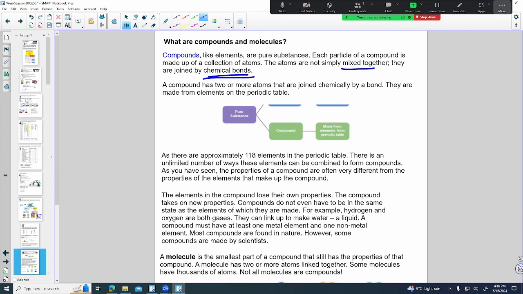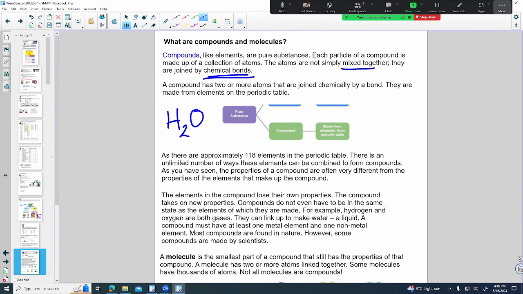A compound has 2 or more atoms that are joined chemically. They are made from the elements on the periodic table. As I said before, the symbol for hydrogen is capital H. When you see a number below it, so H2, that means 2 parts hydrogen, and then O for oxygen, that means 1 part of it is oxygen.